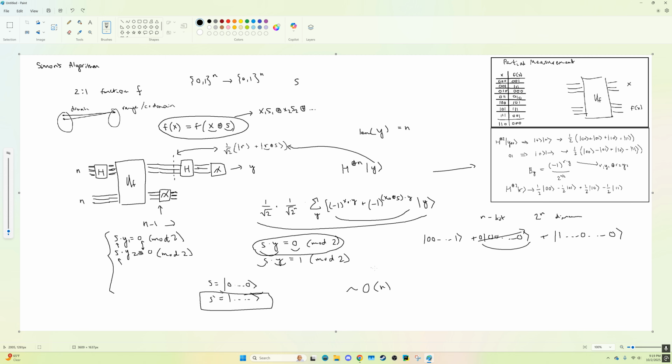So quantumly it takes O of n queries, and then classically we said it takes square root of 2 to the n queries, because you just have to keep churning out possible x's until you finally get, for some x, the exact same f of x across another x, and then we know that x is equal to x prime XOR s.